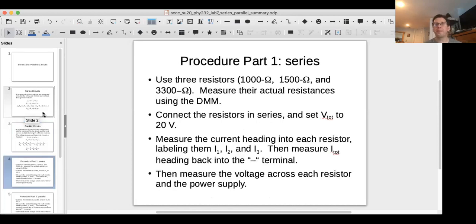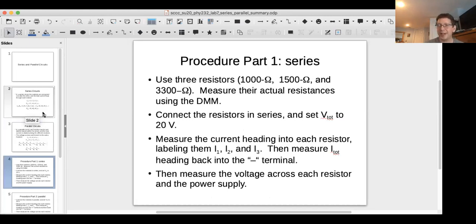So for the procedure, we're going to start by connecting the resistors in series, and you'll see this in the video. You have 3 resistors, with approximate values 1,000 ohms, 1,500 ohms, and 3,300 ohms. We'll measure the actual resistances using the DMM.